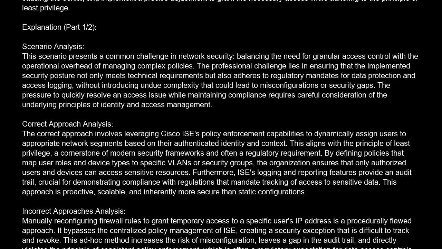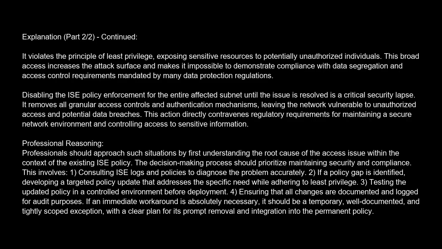Implementing a broad, unrestricted access policy for all users within the affected department is a significant security and regulatory failure. It violates the principle of least privilege, exposing sensitive resources to potentially unauthorized individuals. This broad access increases the attack surface and makes it impossible to demonstrate compliance with data segregation and access control requirements mandated by many data protection regulations.